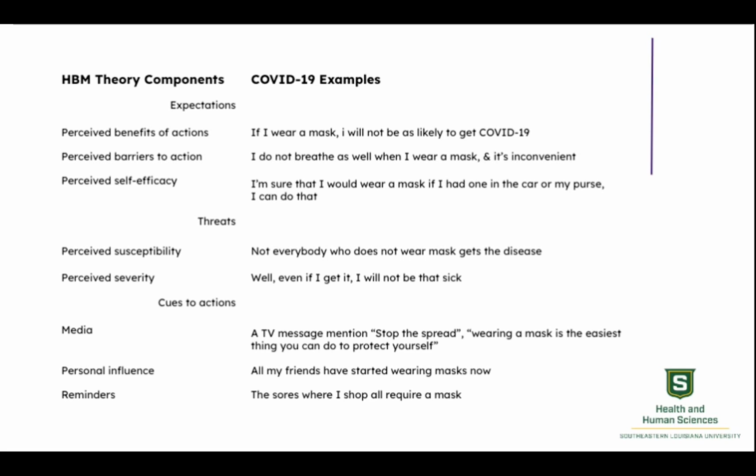So there's some kind of self-efficacy that comes into being conscious that I can have a mask in my purse, I can have a mask in my car. So there is that kind of self-confidence in knowing that, first of all, I'm able to remember to put all of these items in different places, which makes it easy for me to reach when I want it.